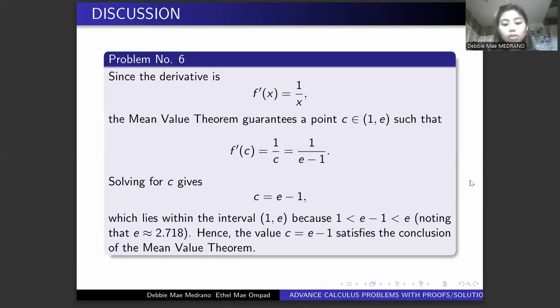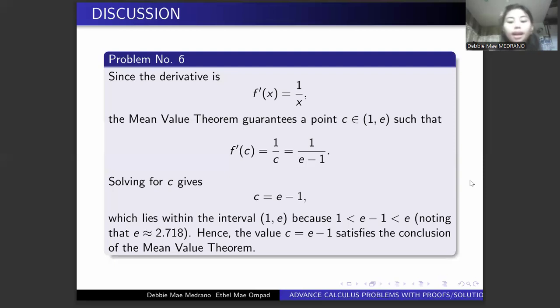This lies within the interval (1, e) because 1 is less than e minus 1, which is also less than e, noting that e is approximately 2.718. Hence, the value c equal to e minus 1 satisfies the conclusion of the mean value theorem.